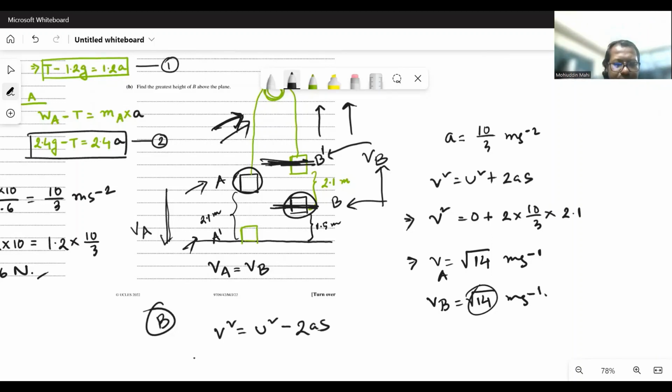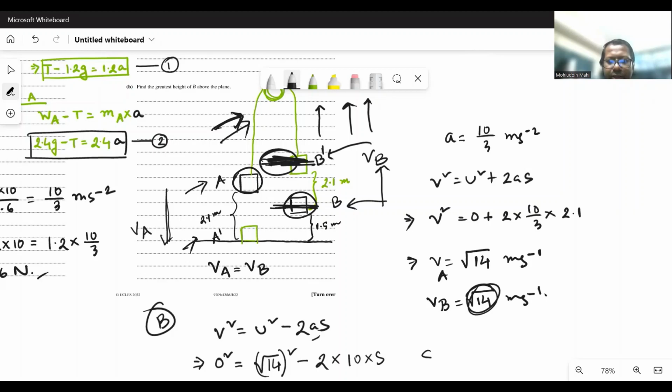From here, B will reach a certain height. We don't know the height, we will find it out now, but it's not going to reach the pulley. That information is given in the question. So final velocity is 0, initial velocity is root over 40, and the acceleration is the acceleration due to gravity, that is 10. From here we can find out that the value of s is going to be 0.7 meter.